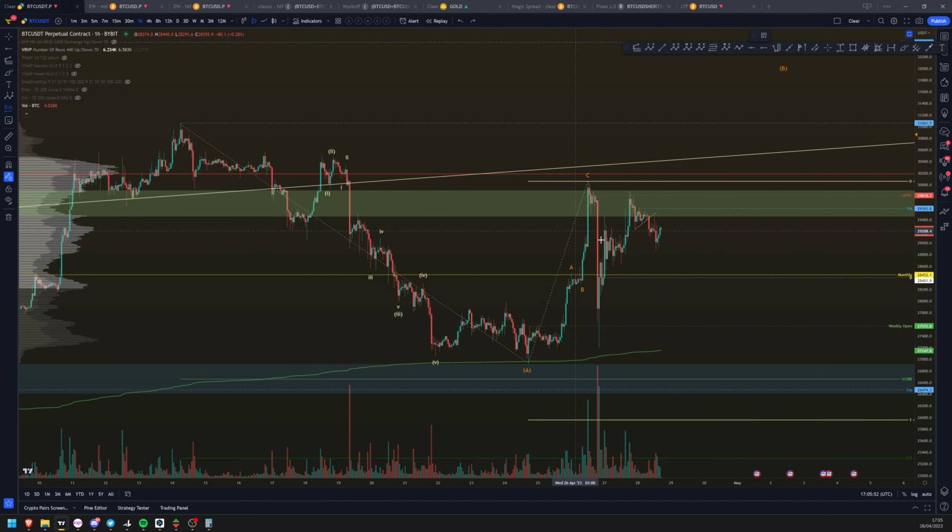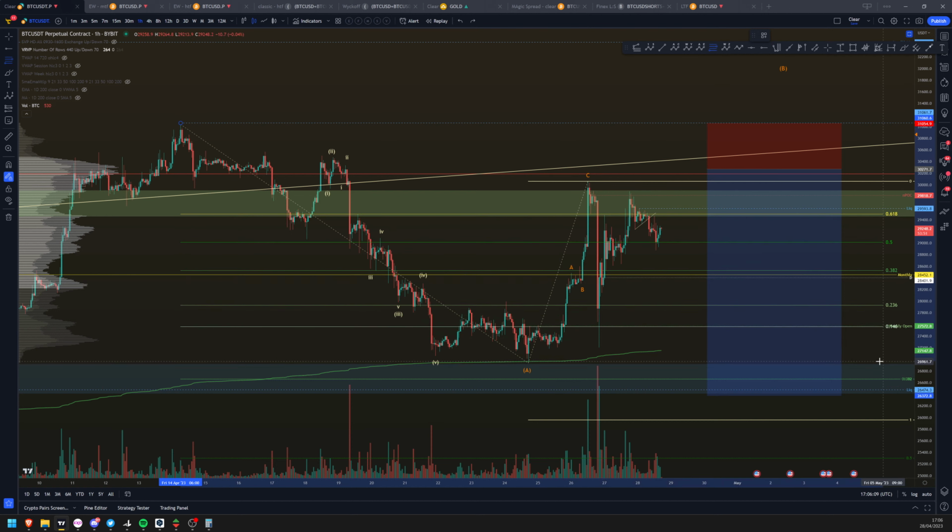If I keep things simple, I say, okay, I have a wave A down, any move above here, I can have a short and my stop above here. If we start to go above this, well, in theory, the flat can go to 123, so that might be where I would be looking to short.